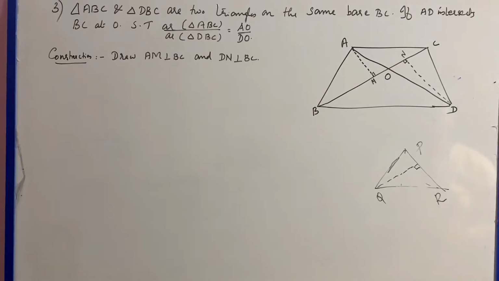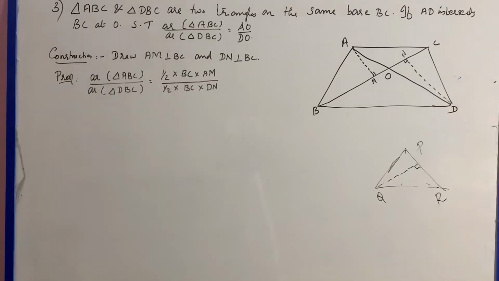Now what is area of triangle ABC? Area of triangle ABC is equal to half into BC into AM. And area of triangle DBC is equal to half into BC into DN. Write that first. Now that half BC is common in numerator and denominator, so you can cancel that common factor from numerator and denominator.